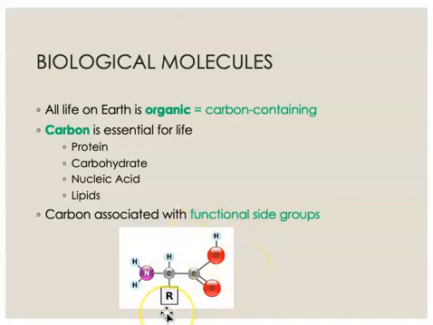And the last one is labeled R because the last one is going to vary depending on the amino acid. So all amino acids have the central carbon, the hydrogen, the amino group, the carboxyl group, but the R group is going to be different from one amino acid to another.